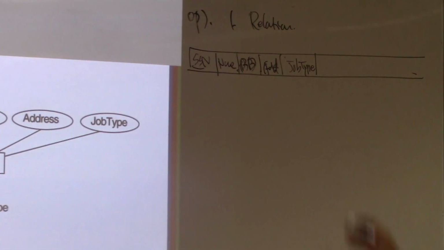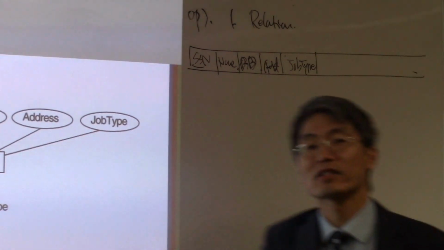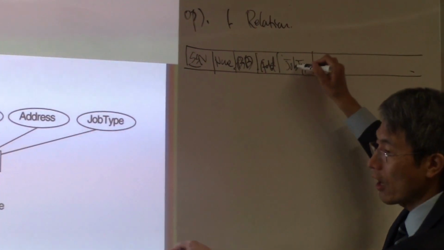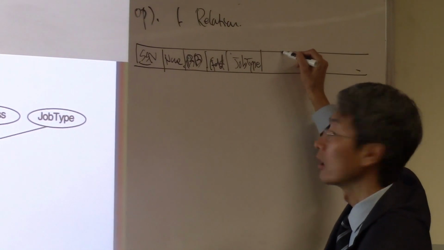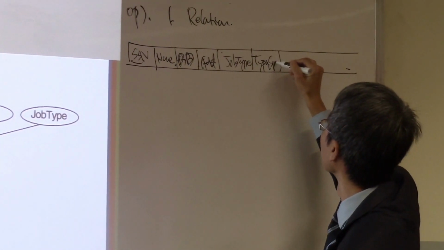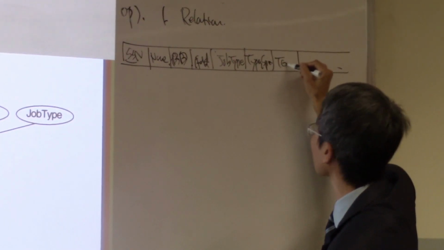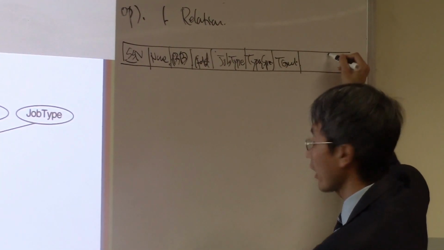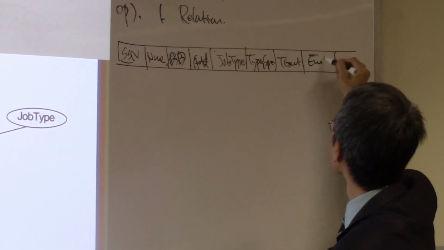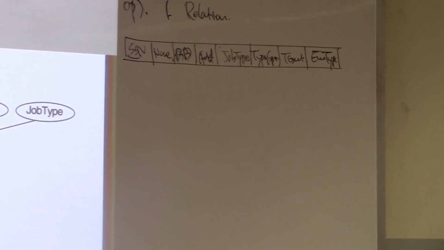Then, depending on job type, we can have typing speed. If you are a secretary, then typing speed. And if you are a technician, it's a T grade. If you are an engineer, it's an engineer time. That's it.